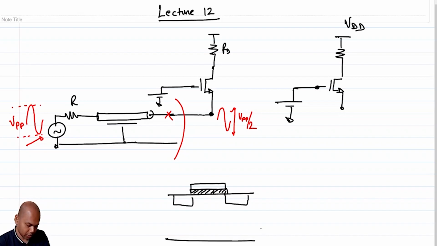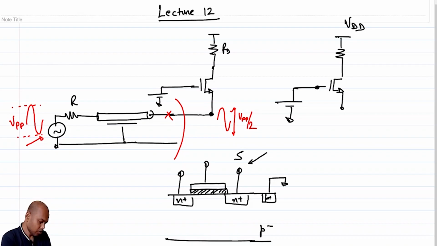If this is the NMOS transistor, then you have a P minus body, you have N plus here, you have N plus here. Your body is connected to ground.